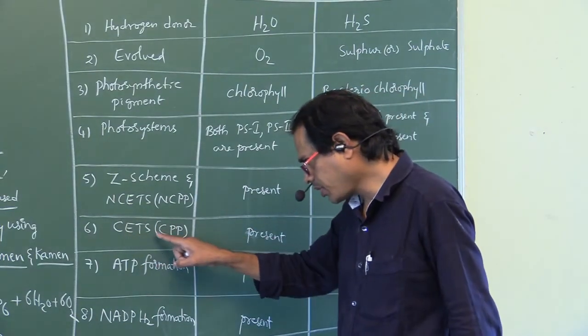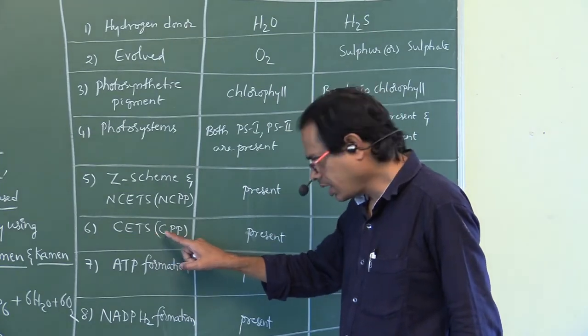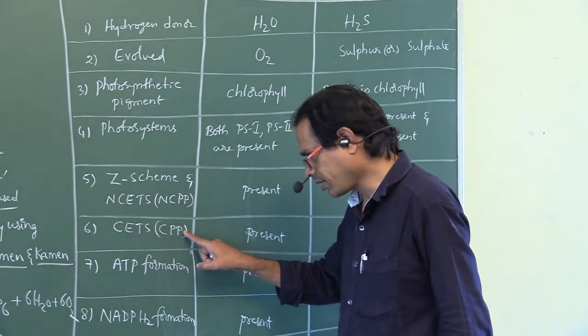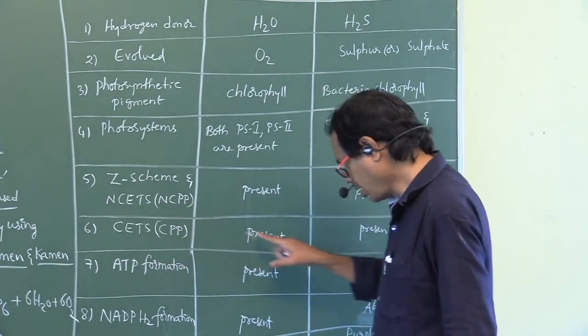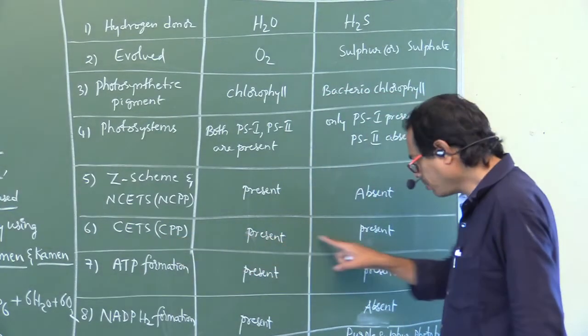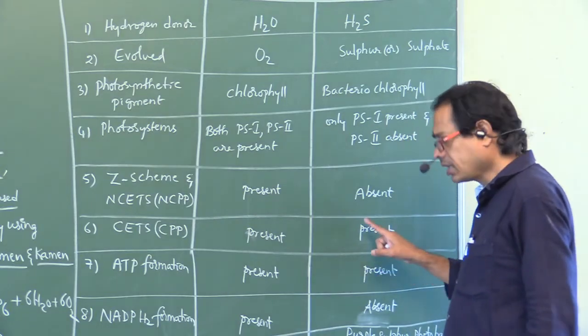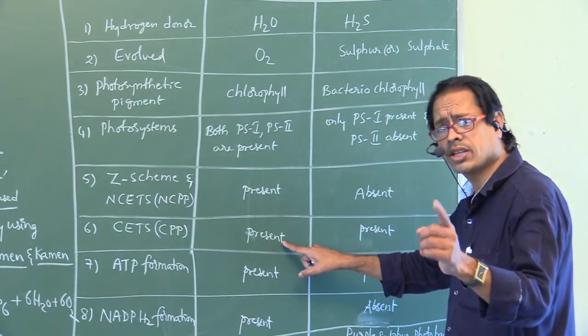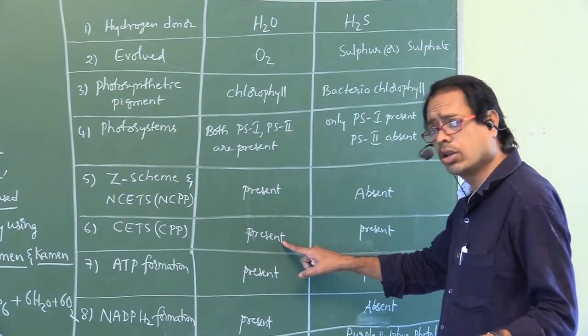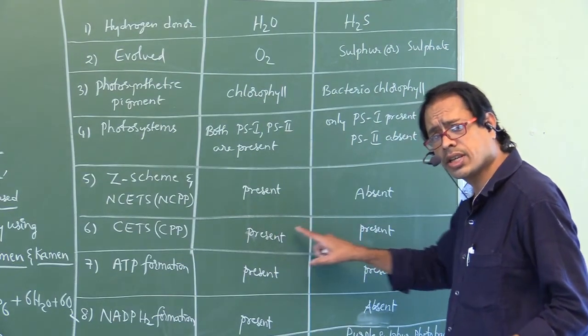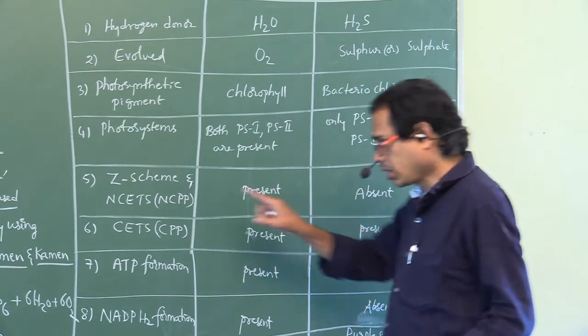Cyclic electron transport system, or cyclic photophosphorylation, is present in plants and also in bacteria. That means cyclic photophosphorylation is found in both plant photosynthesis and bacterial photosynthesis.